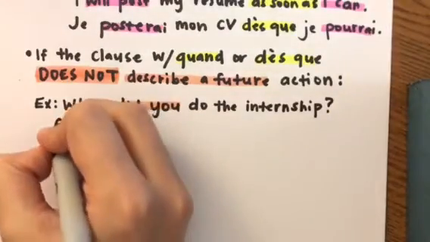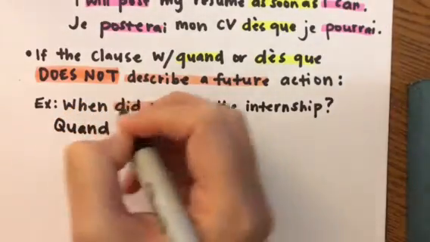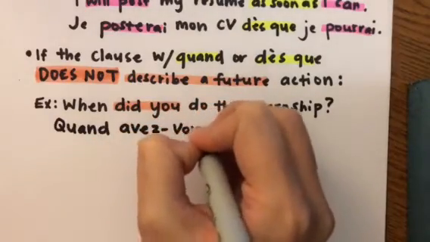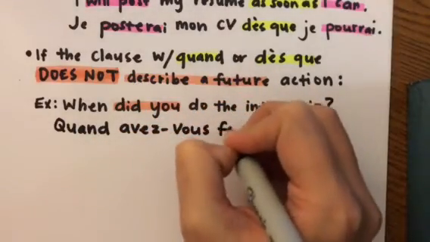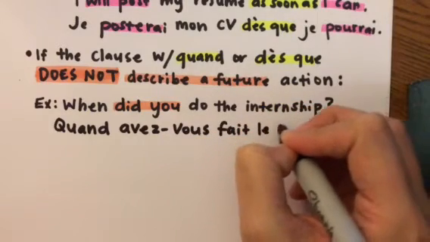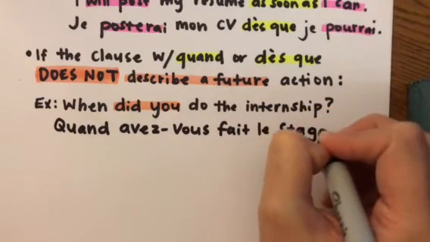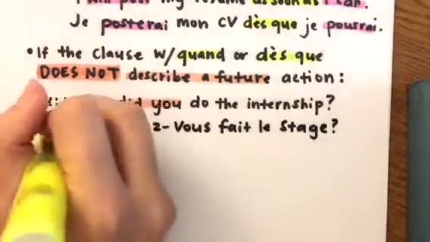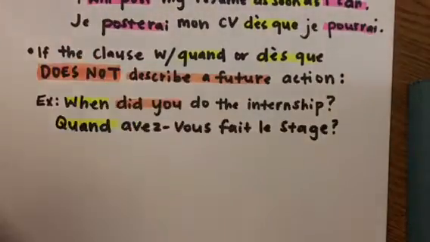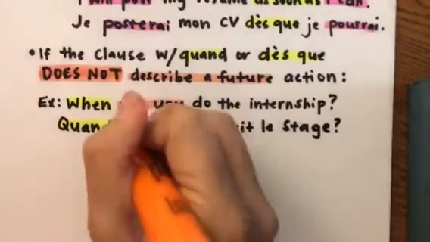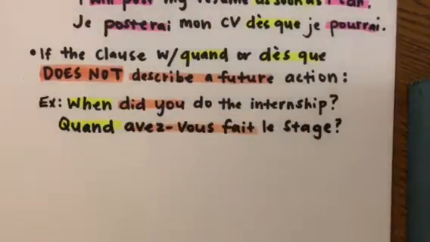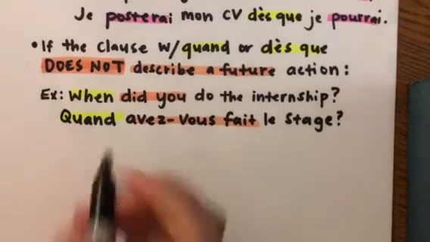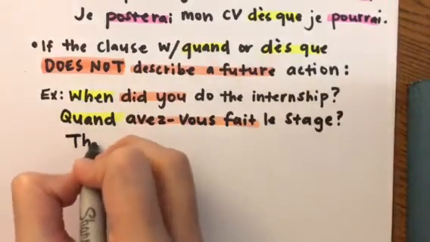So I'm going to say, quand avez-vous fait le stage? D'accord? So again, we have our quand, that's our when. Did you is the avez-vous fait. Passé composé, this just tells us it's a different tense, right? Like I said, this one's pretty obvious.